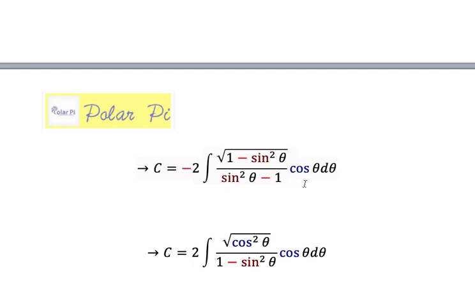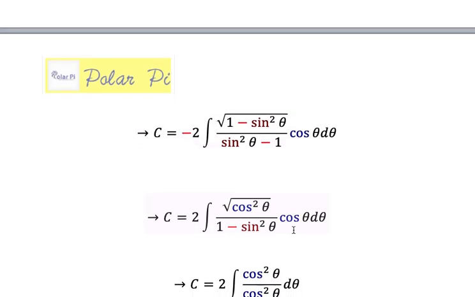And so when we put a negative here and rewrite this as negative sine squared minus a negative 1, you get it. Then this negative is going to turn into a positive, but in the denominator it's going to be 1 minus sine squared. And we've got cosine squared here. As I said, 1 minus sine squared is cosine squared. So that's why this is turned into cosine squared.